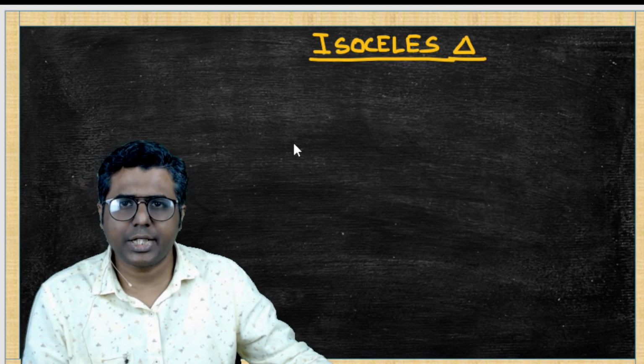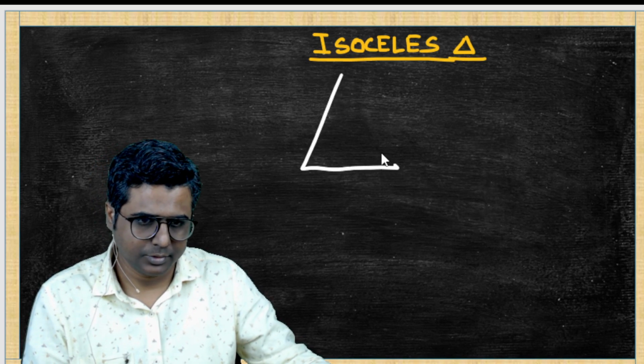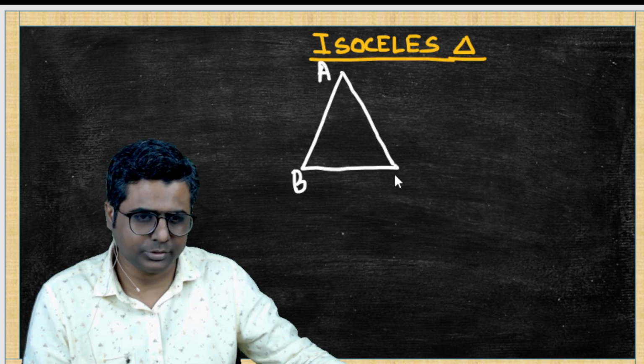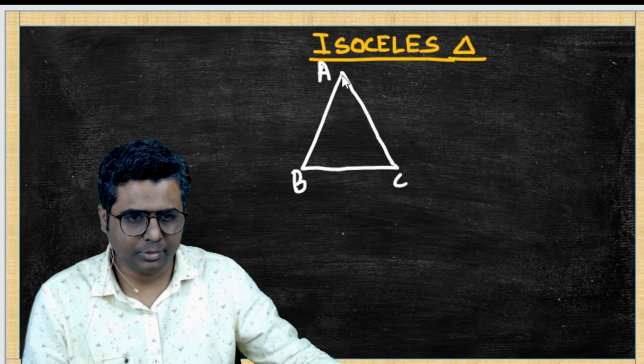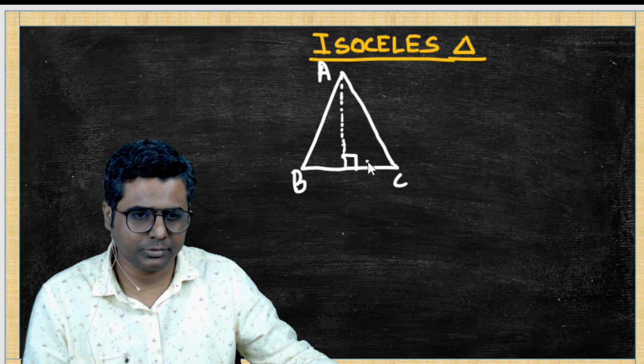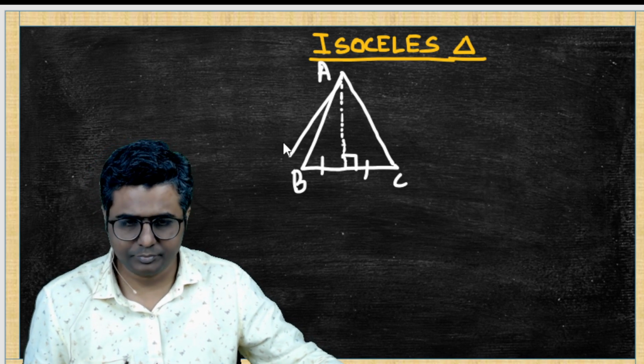Isosceles triangle means two sides are equal, and we have done this earlier in the triangle chapter. There is a chapter called isosceles triangle, where we have already seen that if you drop this perpendicular, it will again break the base into two equal parts.